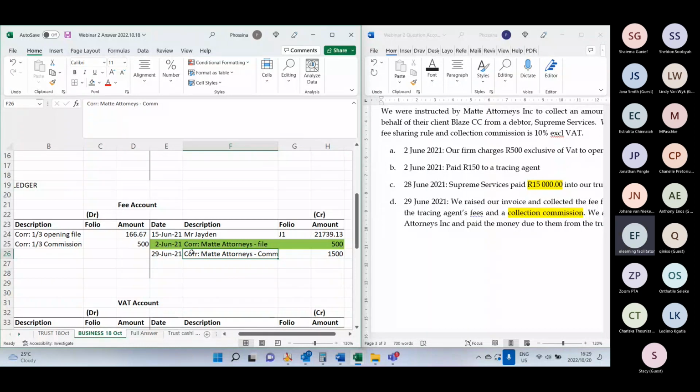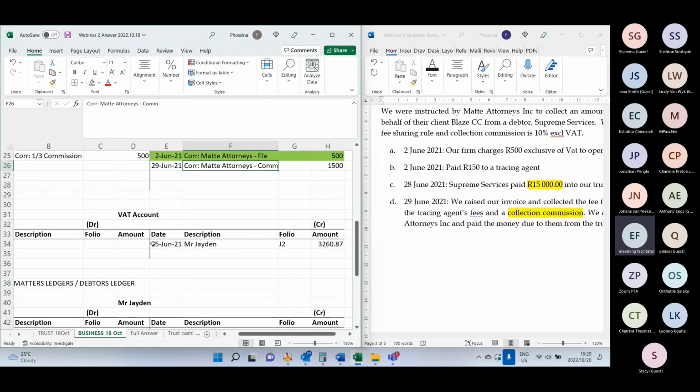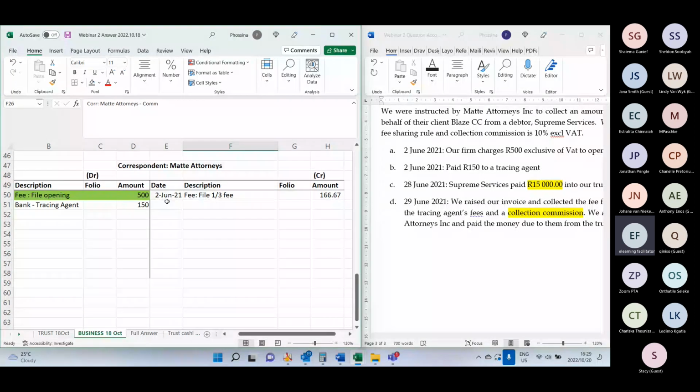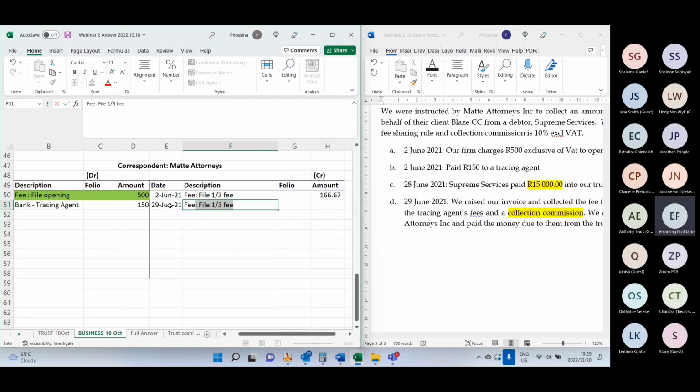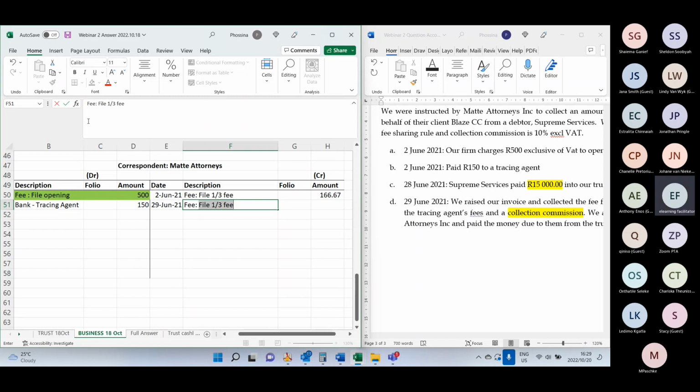These transactions we have recorded on the side of the fee account. So we also need to do the same on our correspondent to complete the double entry. So we go on the 29th of June 2021, and then we record our fee, which in this case is our commission.